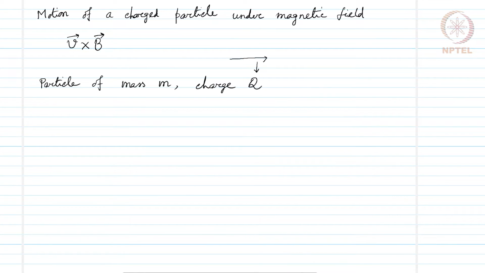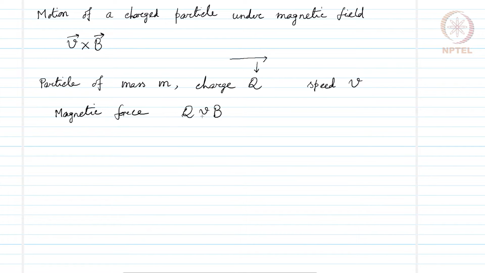it moves with speed v, the magnetic force, its magnitude would be qvB, and that will be it provided the velocity is perpendicular to the magnetic field.